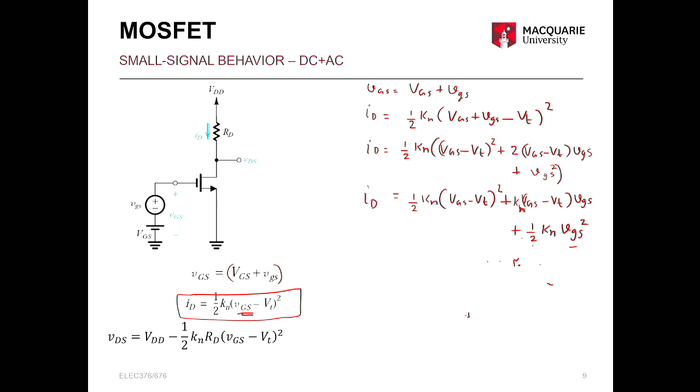So you see that when you apply both AC and DC, the ID contains three parts in the equation. Can you tell me which is the DC part from here? The first one. The first one contains just DC because you don't see the small letter vgs there. The second part contains both DC and AC. And the third part contains just AC. So which is the amplified signal here? Is it A, B, or C?